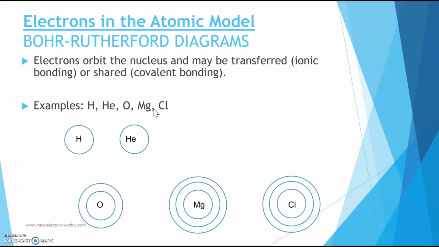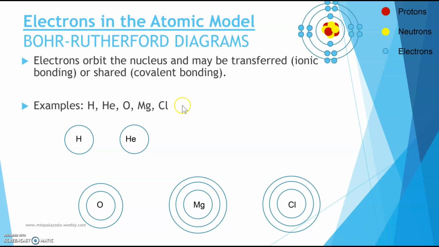Here are some examples. The protons and the neutrons are represented by red and yellow, and they're depicted in the center of the atom, or in the nucleus. The electrons, because they weigh so little, are the ones that orbit around the nucleus. They fly around the nucleus in a circular pattern.